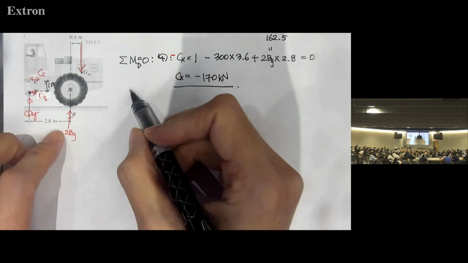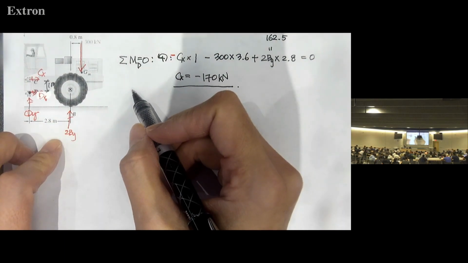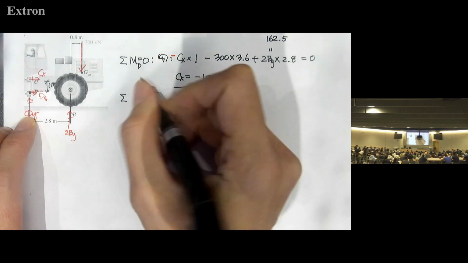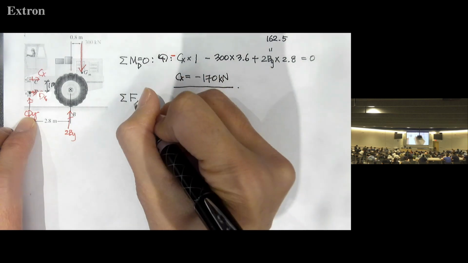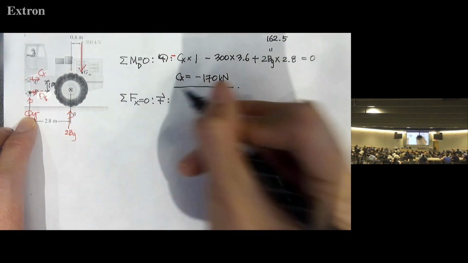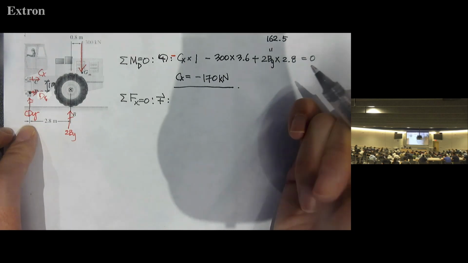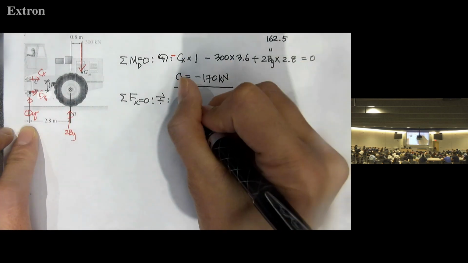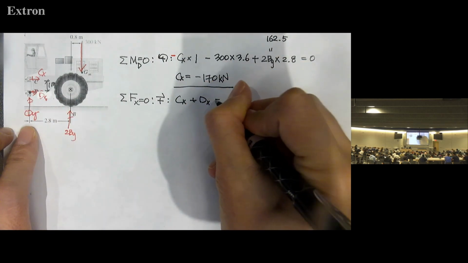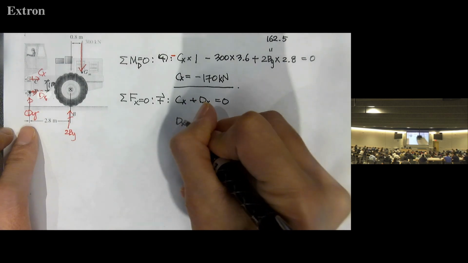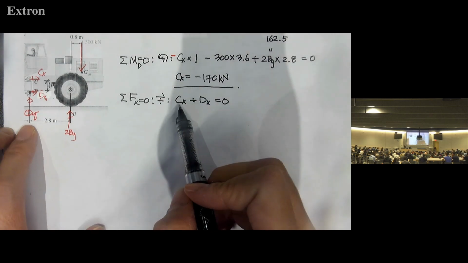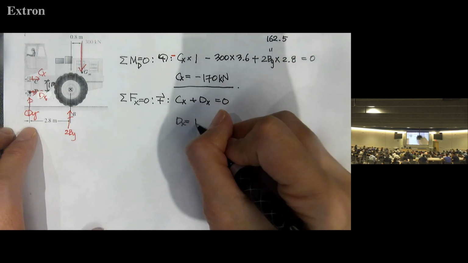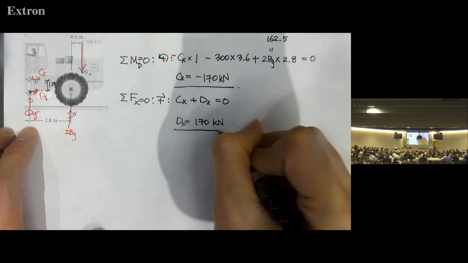Okay, then what else do we need to calculate? Dx and then CDY. So we can subsequently solve the Fx and then Fy equations, right? So the Fx equation, all the horizontal forces, Cx, Dx. So you are totally right, Cx and Dx, the same magnitude and different direction. So 170 kilonewton.